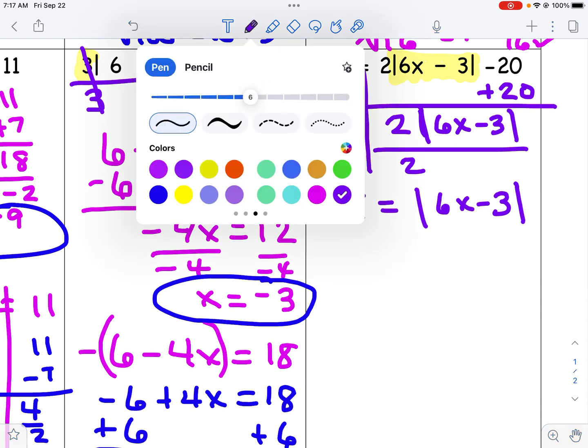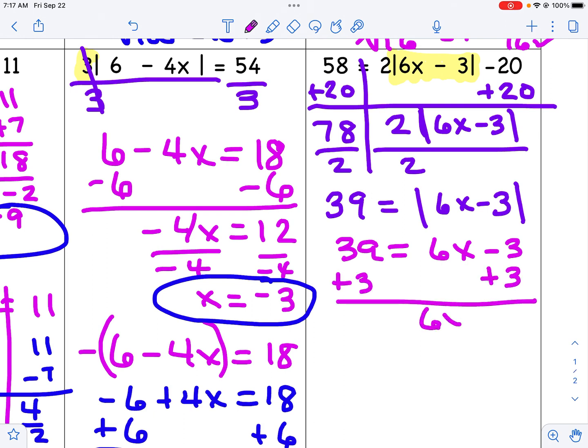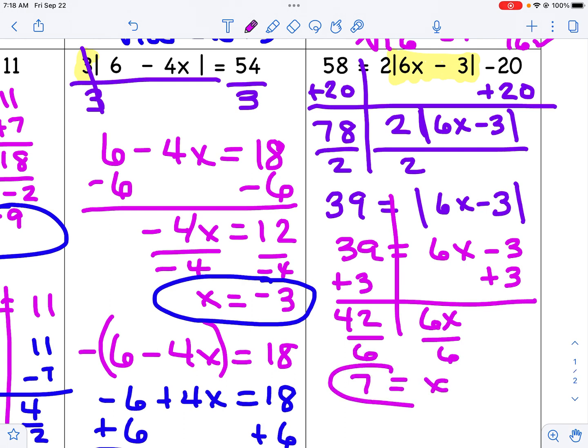Now we will solve it with a positive solution. I'm going to rewrite it so it's easier to do without the absolute value symbols. We can add 3 to both sides. We get x equals 7.